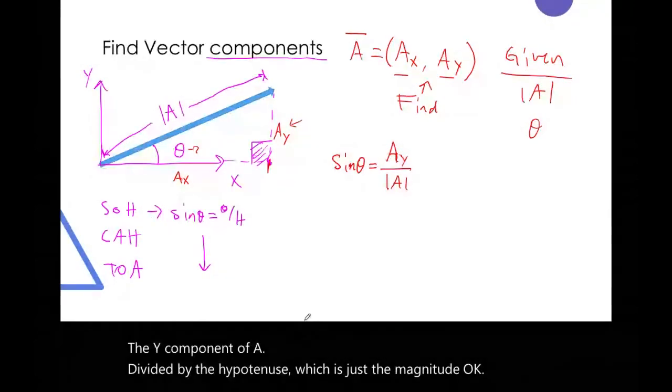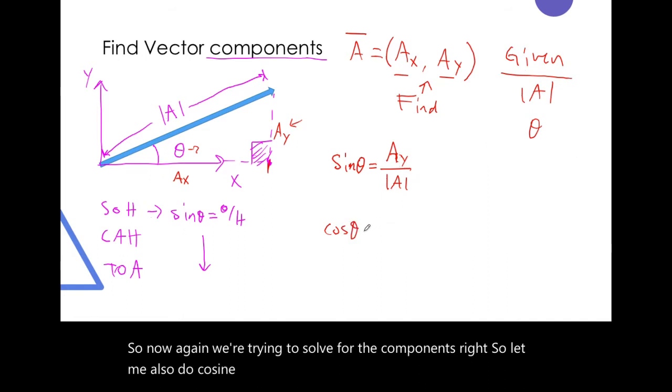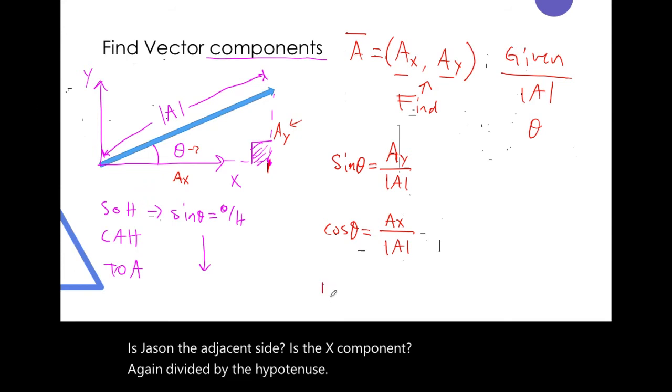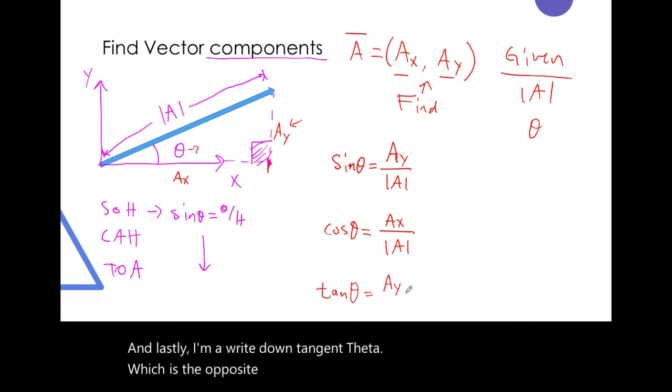So now, again, we're trying to solve for the components, right? So let me also do cosine. So cosine theta is adjacent. The adjacent side is the x component, again divided by the hypotenuse. And lastly, I'm going to write down tangent theta, which is the opposite, AY, over the adjacent.